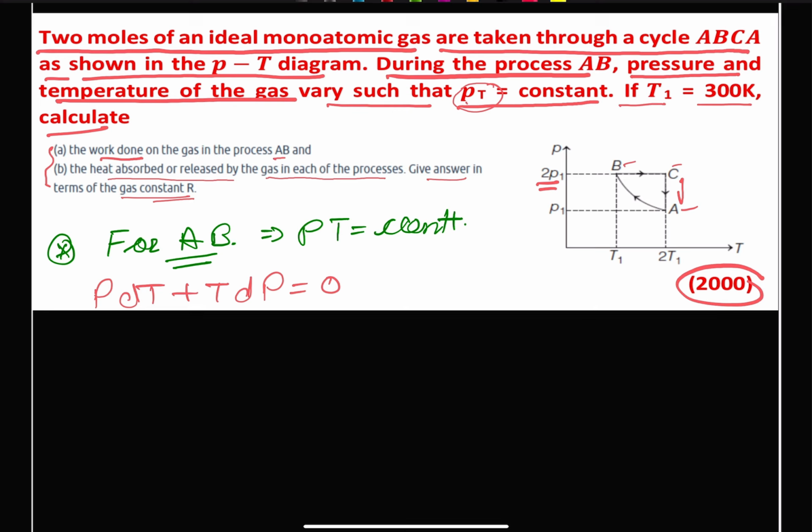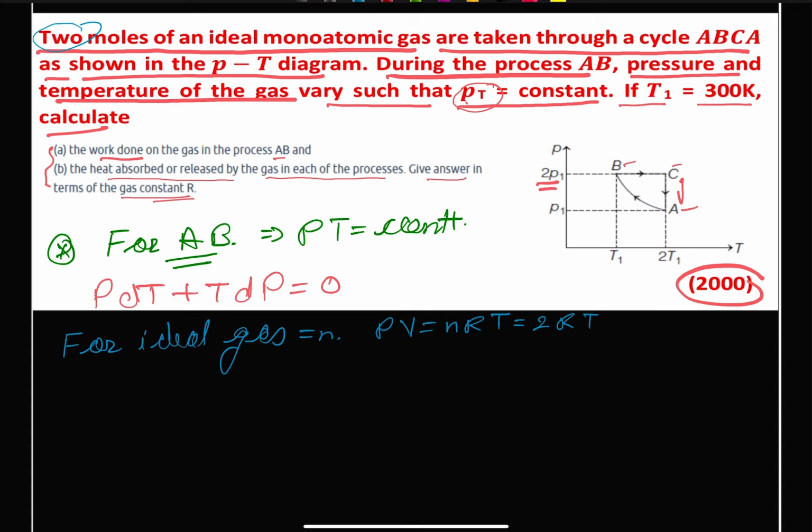For the ideal gas equation we know that PV is equal to nRT, and it is having 2 moles, so substituting the value of n as 2, we get this as 2RT.